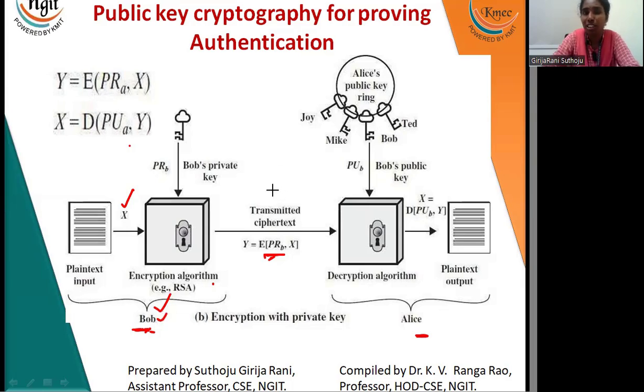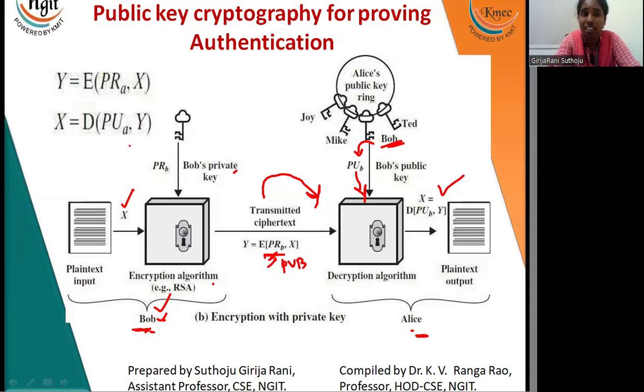Okay, but what is the disadvantage here? When I am encrypting with Bob's private key, Alice is ready to decrypt it. So what is the pair of this private key of Bob? Alice will be searching for Bob's public key, which will be available. She will take Bob's public key and decrypt the data so that she will be having the plain text in her hand.